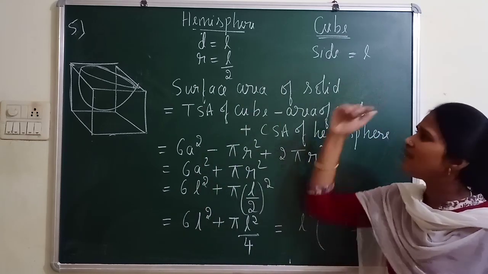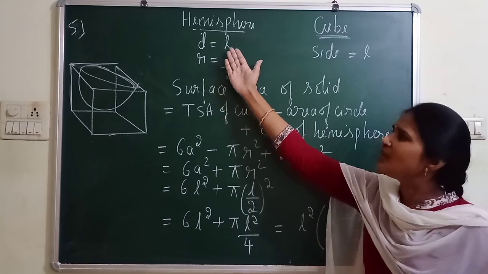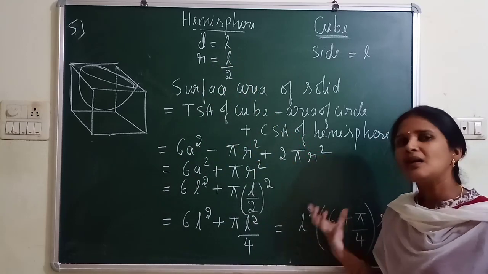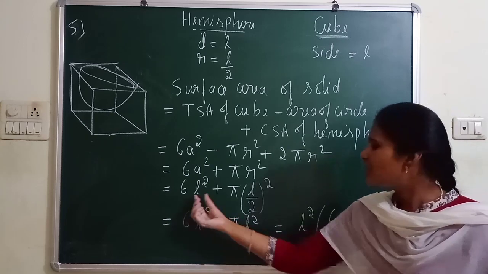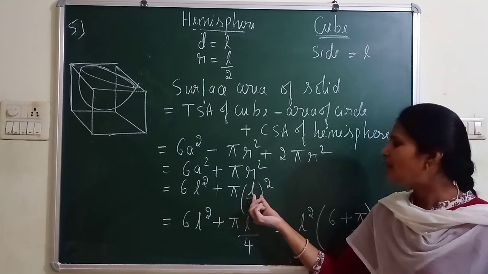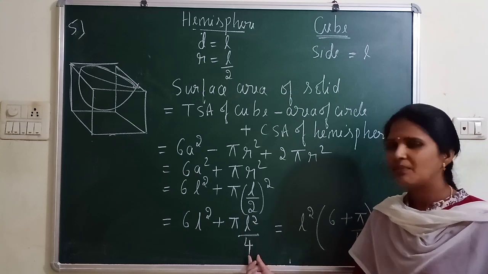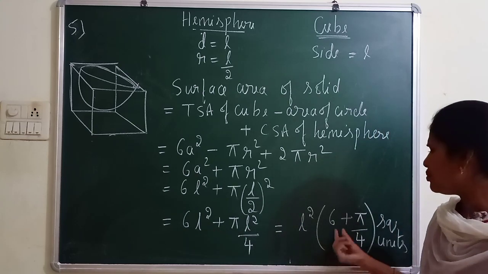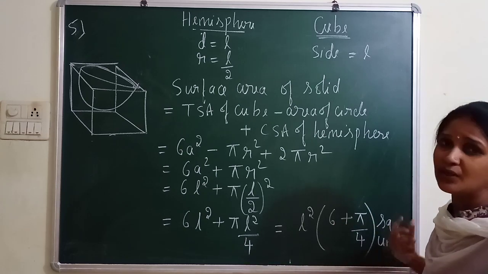Given the side is L and the diameter is L, the radius becomes L by 2, so we get the answer in terms of L only. So 6L square plus pi times L by 2 whole square, that is L square by 4. Taking L square common, L square into 6 plus pi by 4 square units.